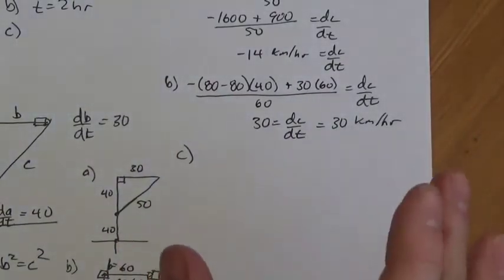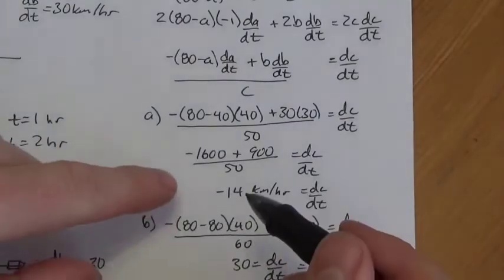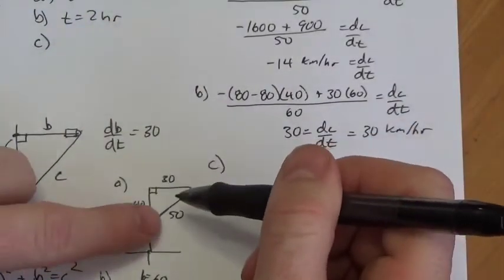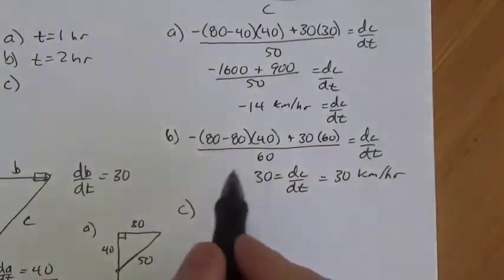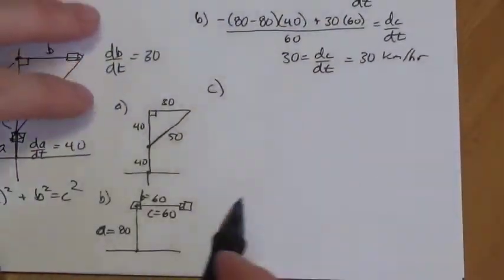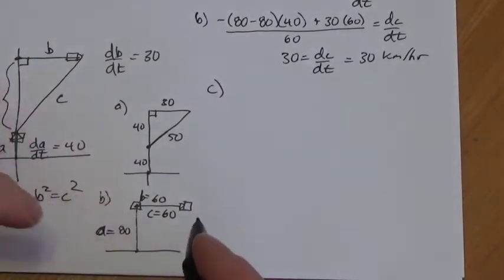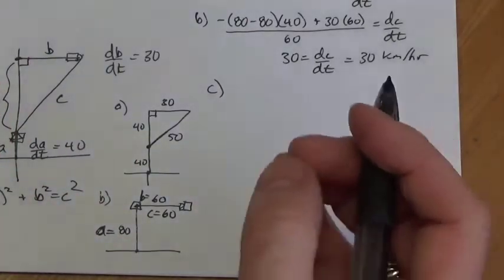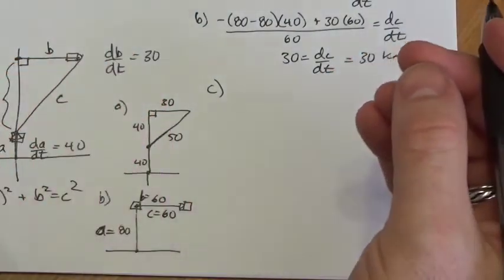Okay? Because notice what happened here. In question A, an hour in, the distance between those is getting smaller. But here, 2 hours in, it's positive, it's getting larger. So somewhere in between the 1 hour mark and the 2 hour mark, the rate of change of C went from getting smaller to getting larger.